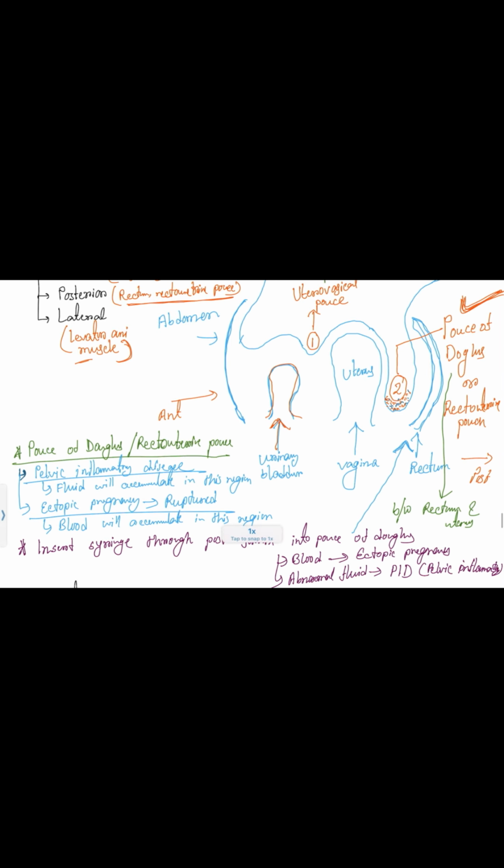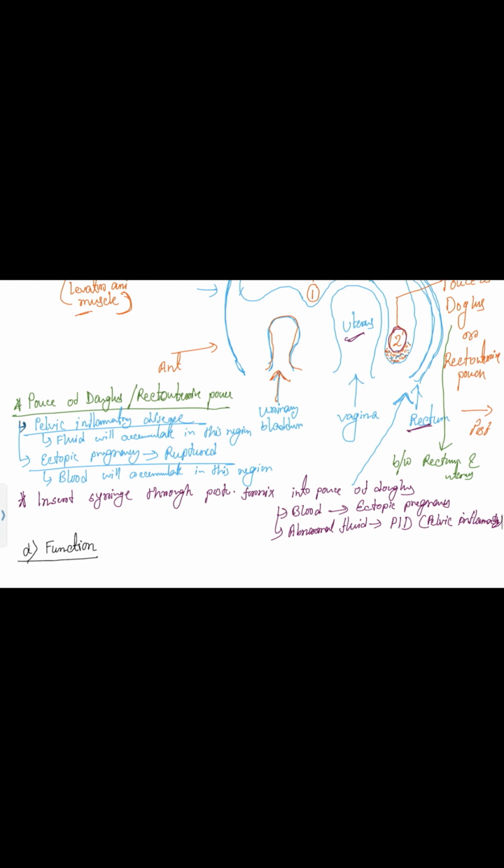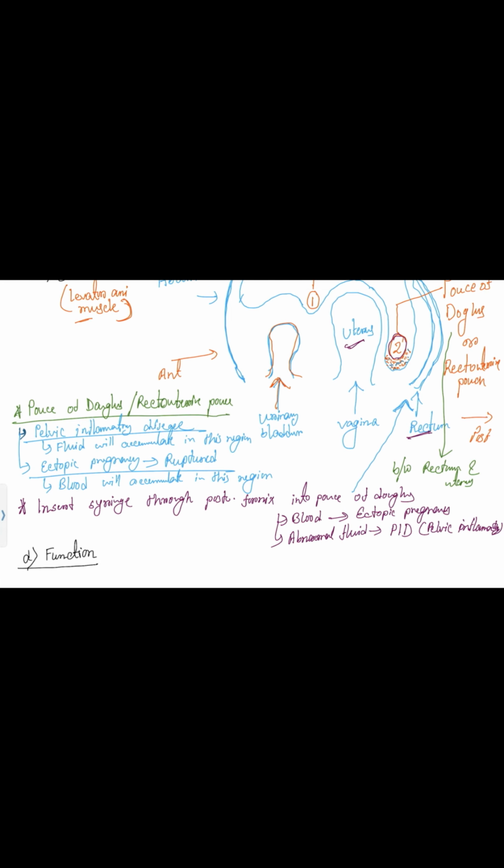So what is the pouch of Douglas or rectouterine pouch? It is the portion between the uterus and your rectum. It has clinical importance: if the mother is suffering with pelvic inflammatory disease, then fluid will accumulate in this region. If the mother is suffering with ruptured ectopic pregnancy, blood will accumulate in this region.